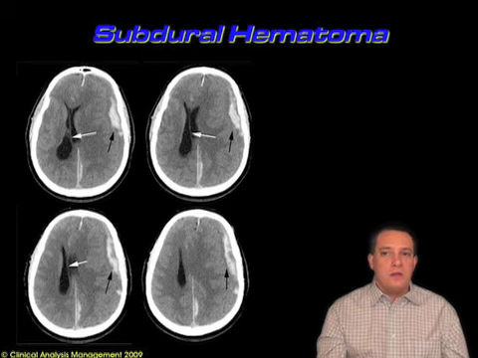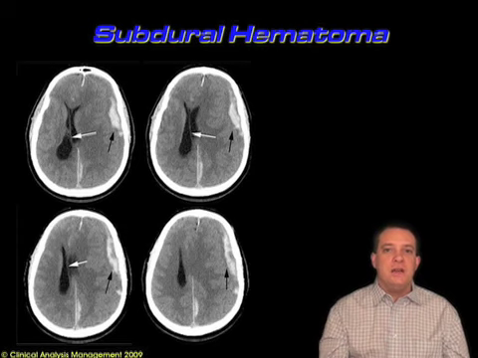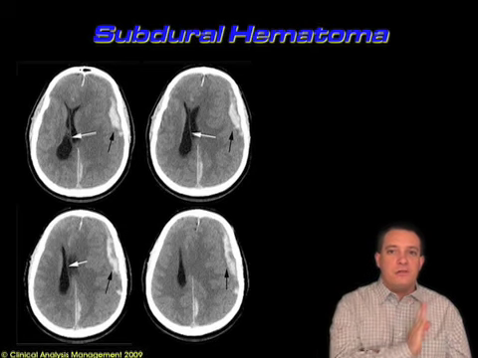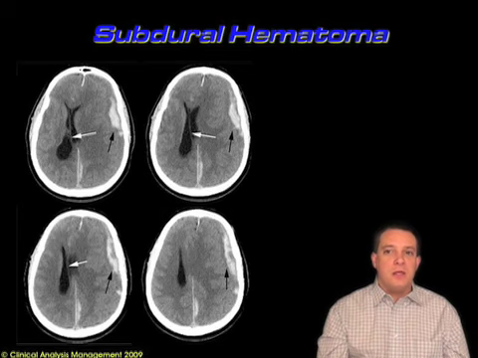When you look at the subdural itself, it doesn't look like it's so big, but the thing that's very impressive about the subdural is the amount of shift. You can see that when we look at the midline of the CT, there's a huge amount of shifting of brain tissue over. And for every millimeter that the brain shifts over, that significantly increases mortality. So this patient's got a massive shift. This patient is probably going to die from this subdural unless it's relieved very, very quickly.